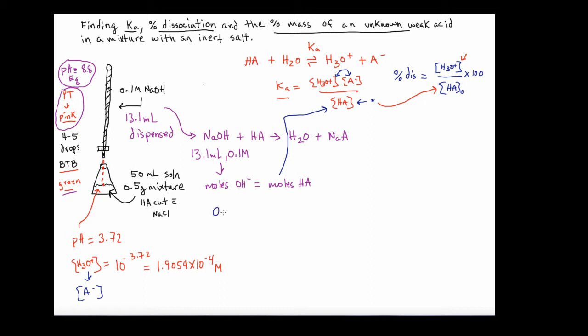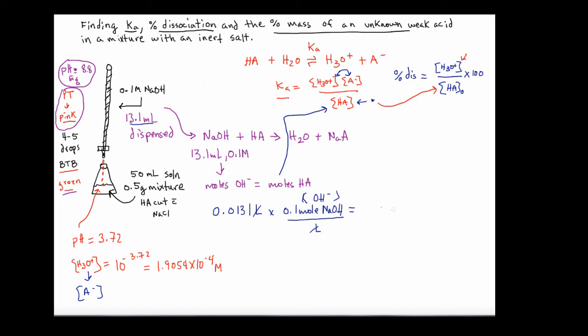We're going to have 0.0131 liters. That's just simply taking the milliliters and dividing by 1,000 to get the volume in liters, times 0.1 mole of NaOH, which is the same as saying the OH minus. This is 0.1 moles of NaOH per liter, so this is going to cancel with this.